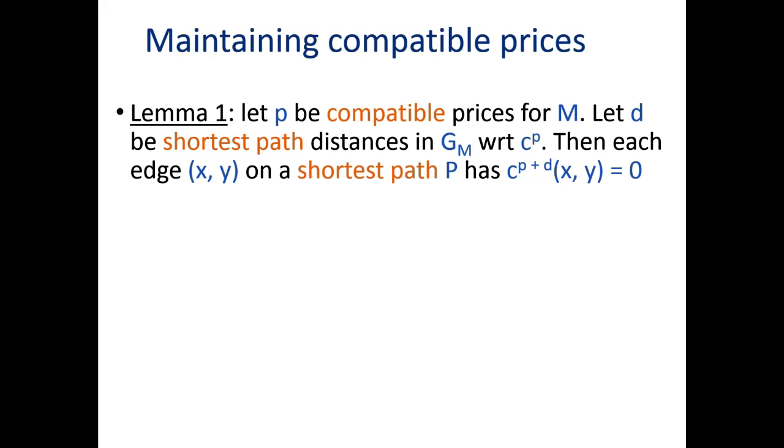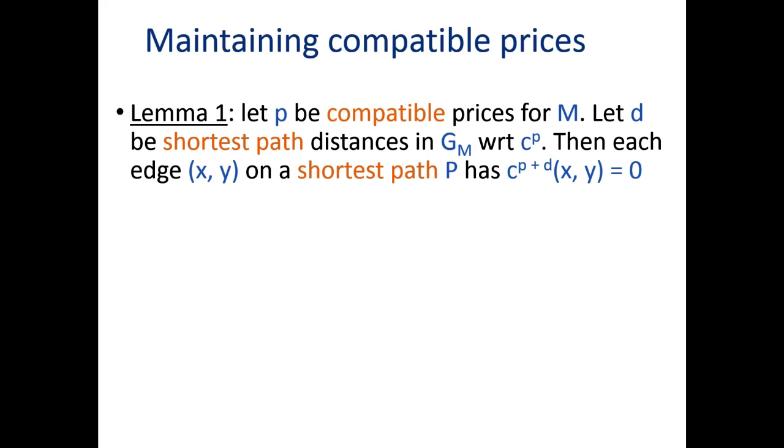Then I claim that each edge that lies on some shortest path has cost 0 with respect to prices P plus D. Meaning, if I recompute my prices as P plus D, which is what the algorithm does, the cost of an edge that belongs to a shortest path is going to be 0.